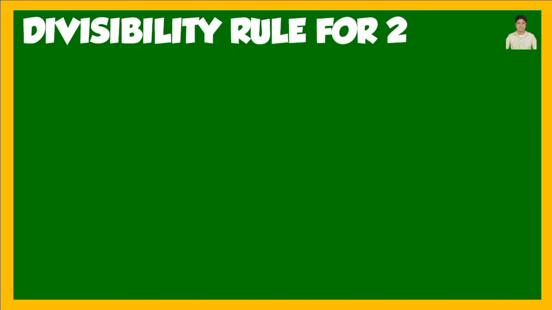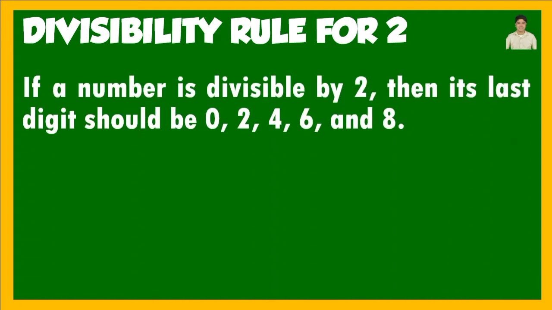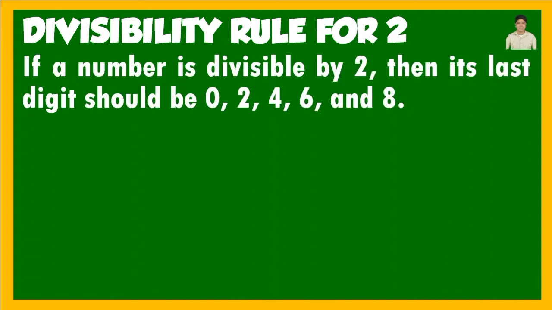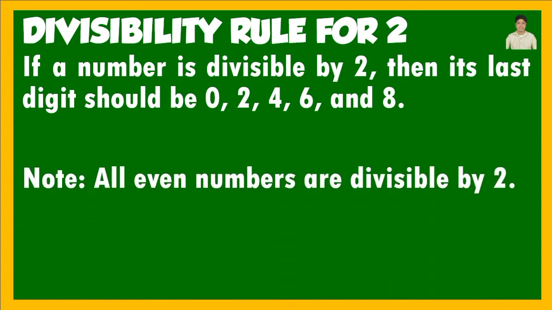Let us have the first rule, which is the divisibility rule for 2. When can we say that a particular number is divisible by 2? If a number is divisible by 2, then its last digit should be 0, 2, 4, 6, or 8.